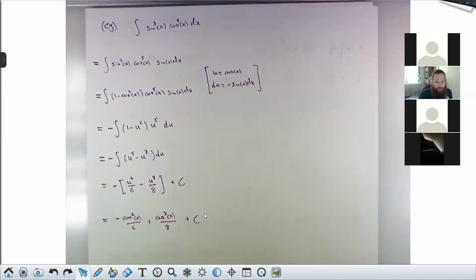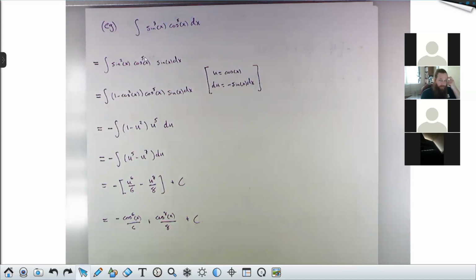The way you're going to do that is by subbing for one of them, either sine or cosine, such that the differential soaks up one term of the odd powered guy. If they're both odd, you'll sub for the larger power. If one is odd and one is even, you will sub for the even powered function.